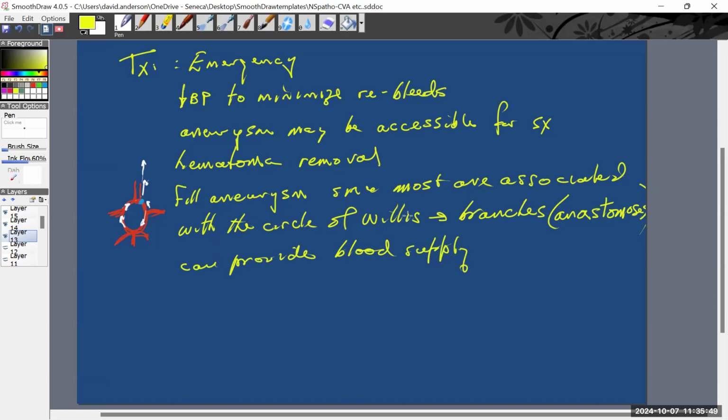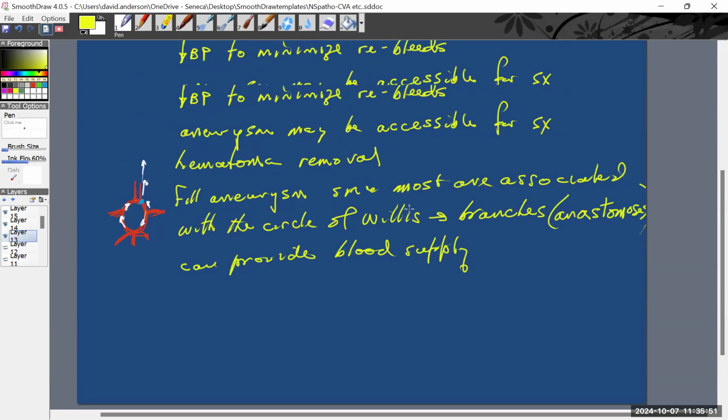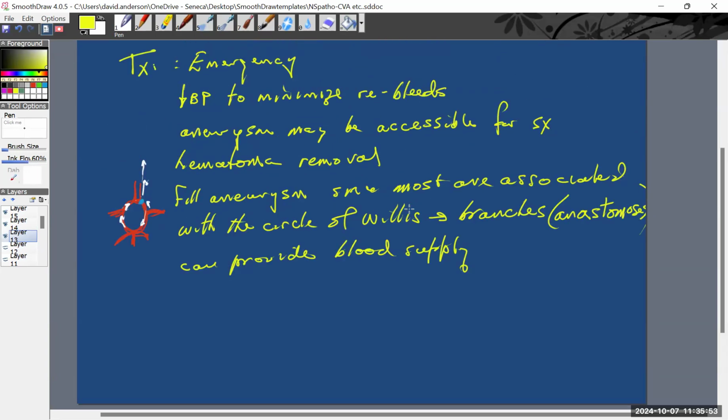Now, another consideration that can result in bleeding into the brain, and be our less common source of hemorrhagic stroke, I should say, is what's known as an arteriovenous malformation, AVM.